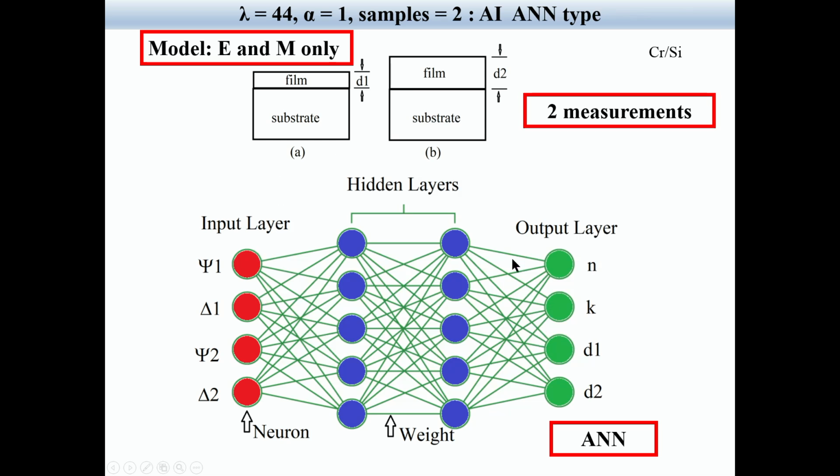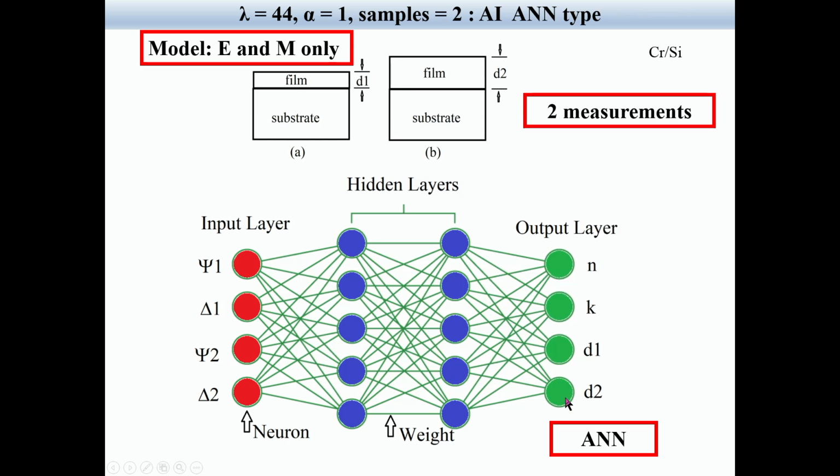So our artificial neural network is a conventional network architecture. It has an input layer, and the input layer picks up the four values, psi1, delta 1, psi2, delta 2, and multiplies whatever that is by a weight. So each green line represents a weight, which is a number, which in my case turns out to be somewhere between -2 and 2. Initially, you don't know those weights. Part of this project here is to figure out what those weights need to be for the thing to work.